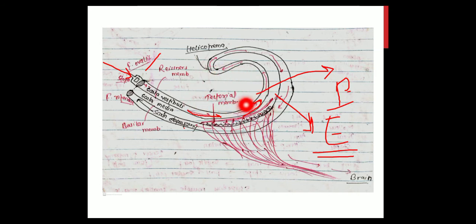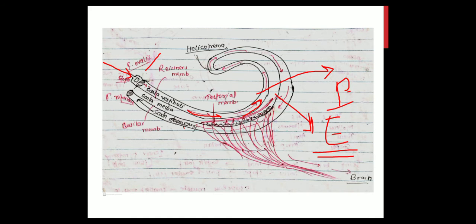Again, one important term here, guys. In this way, the vibrations get transduced into electrical impulses, and these electrical impulses are carried to the brain for further interpretation of sound.